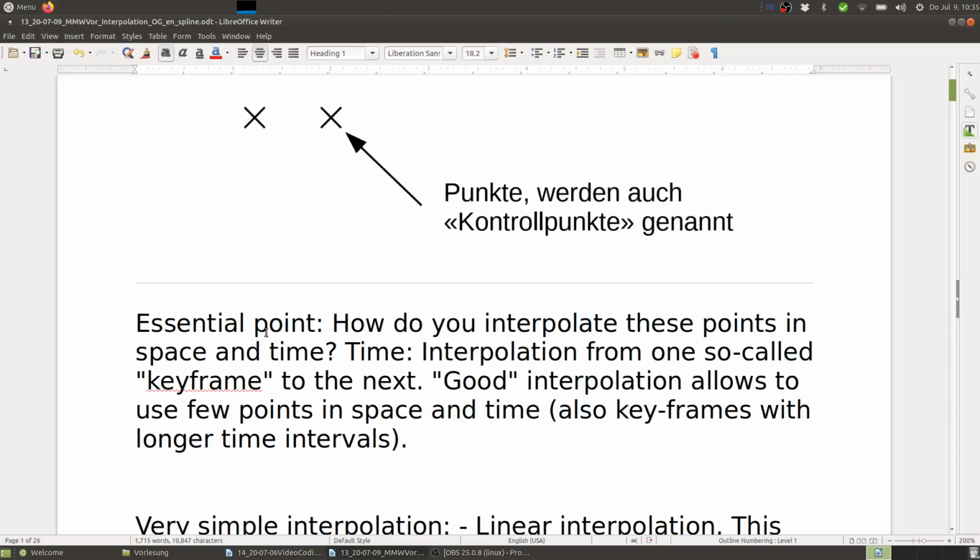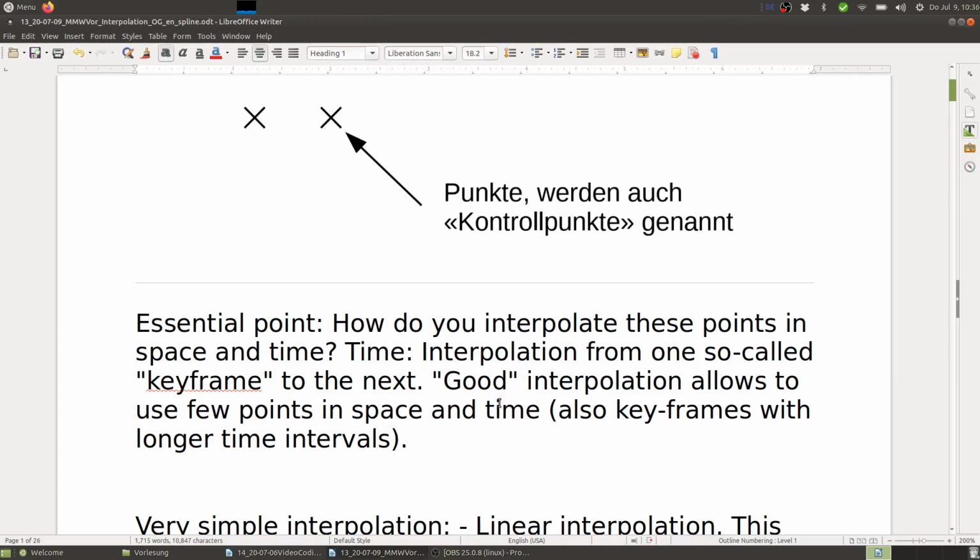So the essential point here is how do you interpolate those points in space and time, because for now they are just points and not a surface. Right? So we want to have a smooth surface that is spanned by those points. Interpolation in time would mean interpolation from one so-called keyframe to the next, where we have objects at different positions and we want to make a smooth movement between them.